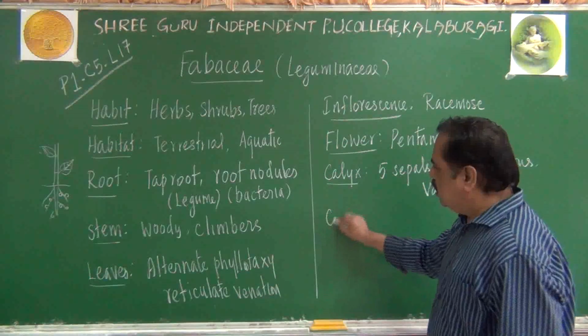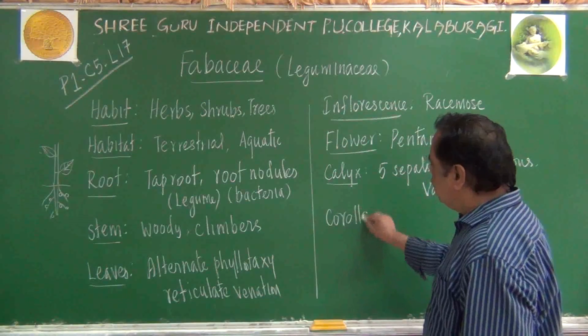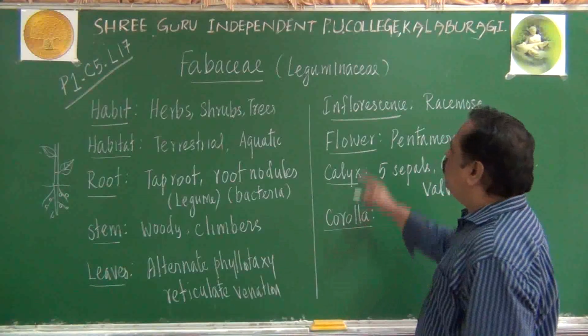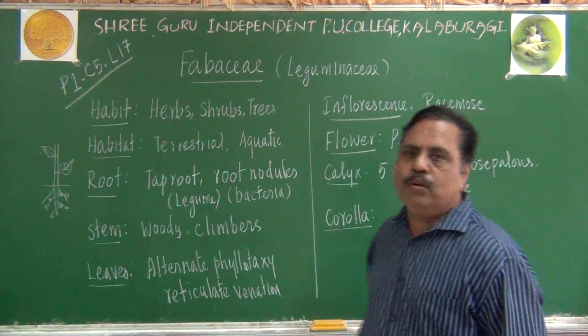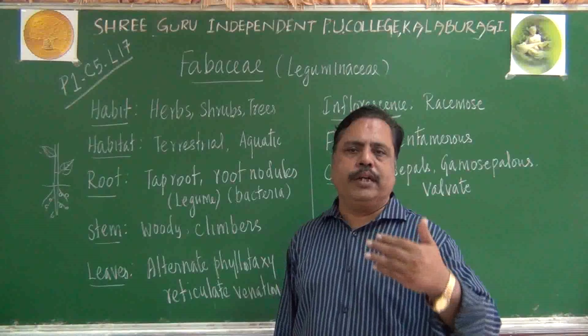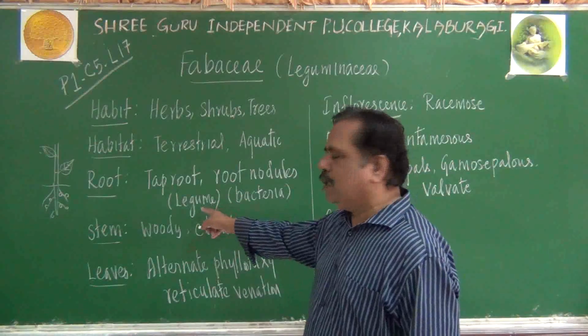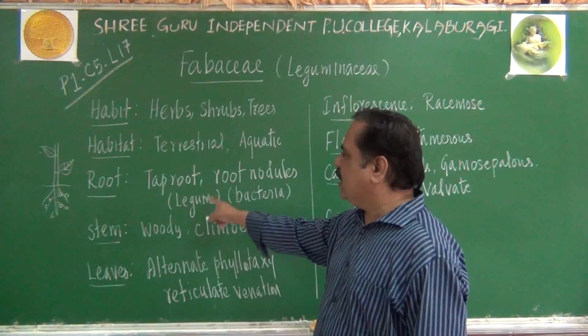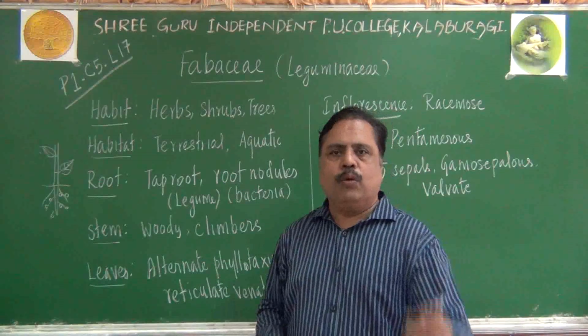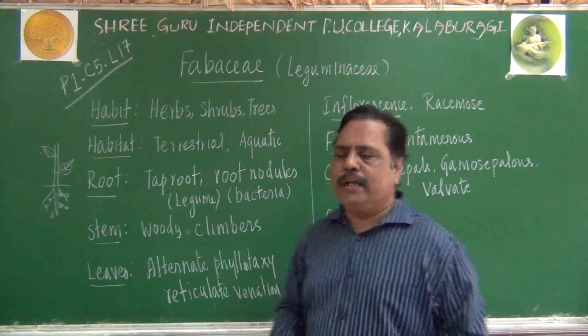Let me come to the corolla. Another important character. Why we call them papilionaceous or Papilionoideae, you can get the answer here. Why do we call it Leguminosae? Because it has root nodules. Why does it belong to Papilionoideae?